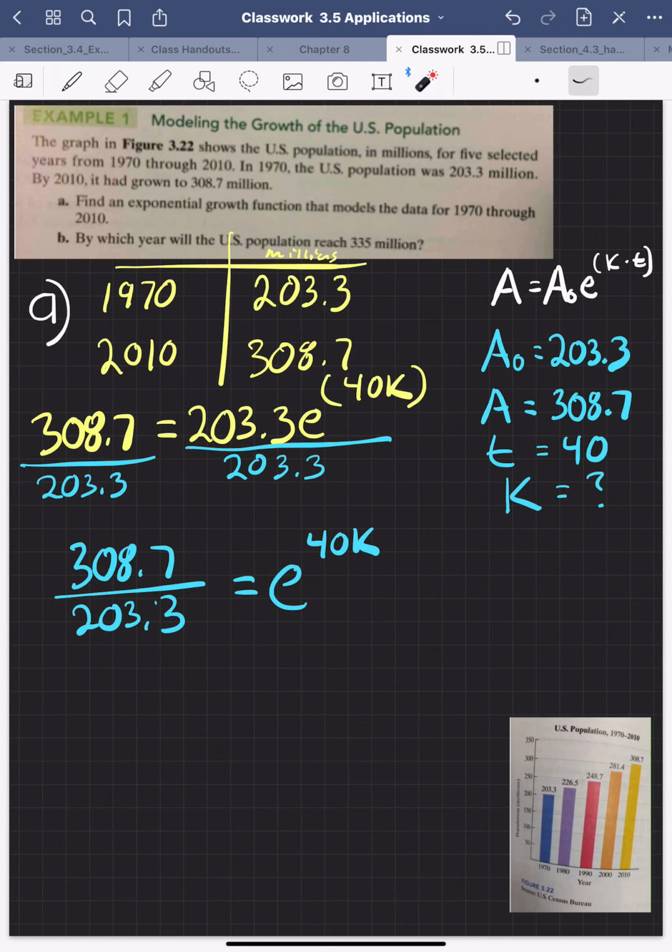All right, well, if you want to solve for k, since k, the variable, is in an exponent, remember, we're going to end up taking ln of both sides. And when you take ln of both sides, that allows us to bring that 40k up front, and we can solve for k.